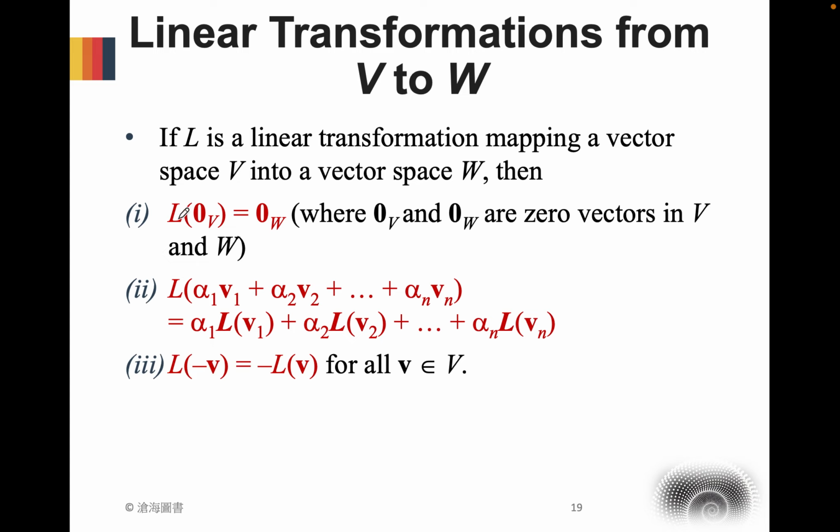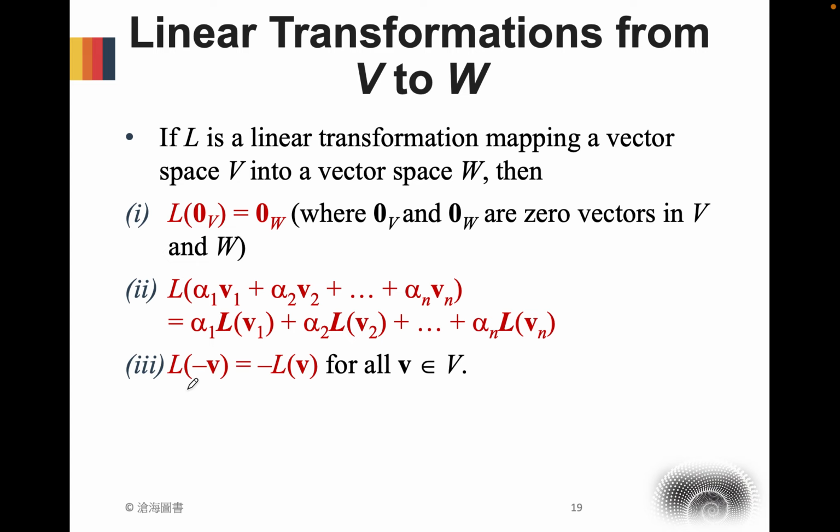First, if we map the zero vector in the vector space V, the result is also the zero vector in the vector space W. Second, if we take a linear combination of v1, v2 to vn in V, add them together and then do the mapping, it is equal to doing the mapping first and then adding them together.